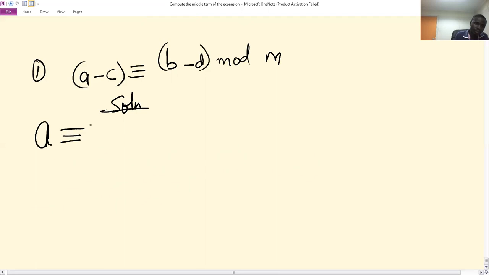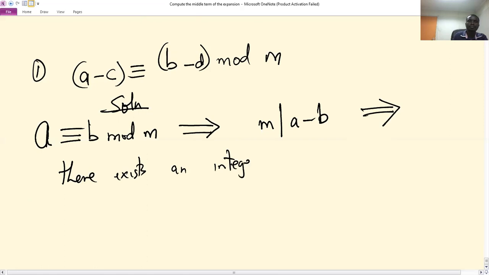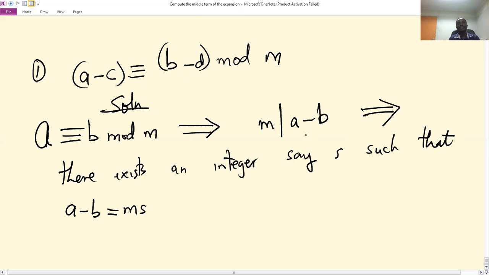By definition, A is congruent to B modulo M implies that M divides A minus B. This is from definition, which implies there exists an integer, say S, such that A minus B is equal to MS. This is still from the definition of M dividing A minus B. So this means A is equal to B plus MS. We call it equation 1.